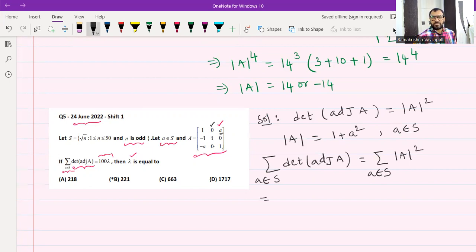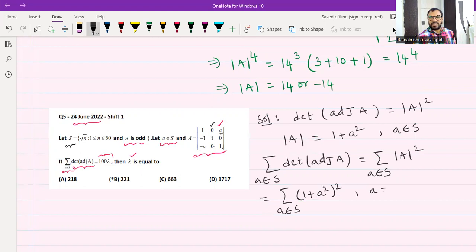Further it becomes sigma over A belongs to S of 1 plus A square whole square, where A is an element of S.